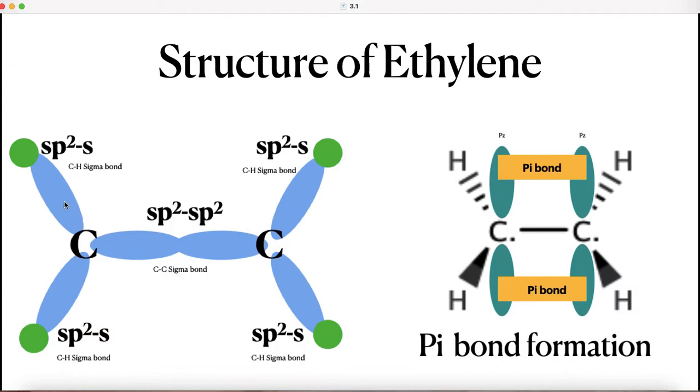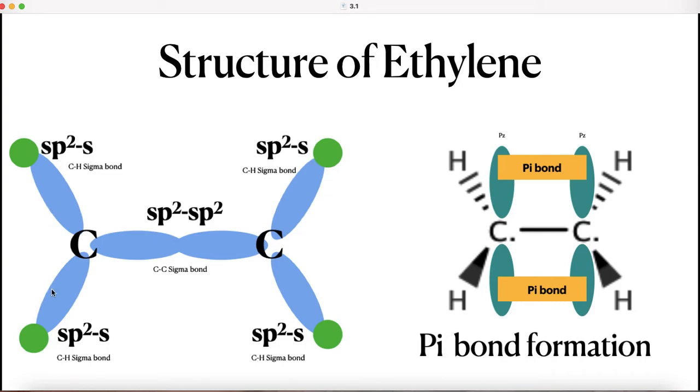These are the three sp2 hybrid orbitals of this carbon, and these are the three sp2 hybrid orbitals of this carbon. Then one sp2 hybrid orbital of this carbon linearly overlaps with one sp2 hybrid orbital of the other carbon. There is the formation of the carbon-carbon sigma bond.